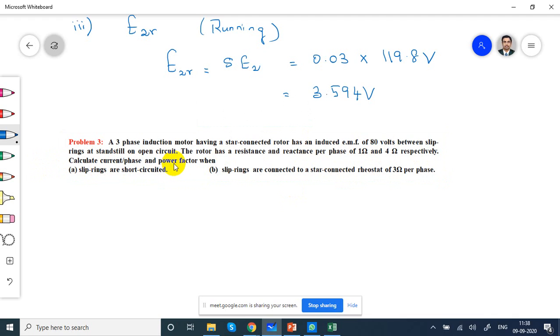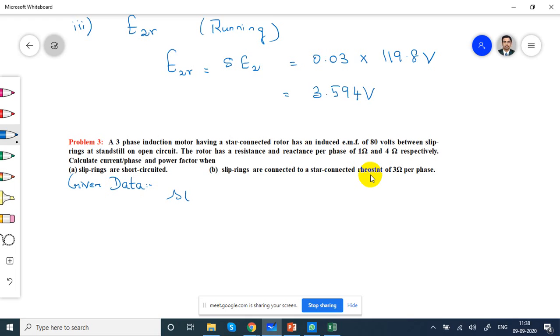Calculate current and power factor in slip ring of short circuit and slip ring are connected to star connected rheostat. Given data: what is the voltage? Induced EMF voltage, it will be line voltage.